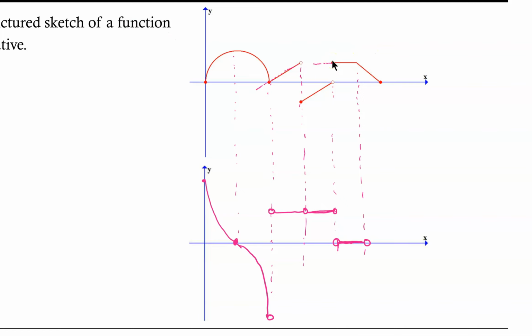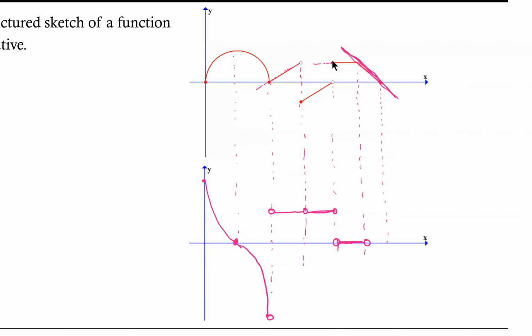And now it looks like we have one final segment that we need to look at. And as I look at that segment, I see again I do have a line segment. And as I consider the tangent line to that line segment, again that tangent line will lie on top of the line segment.